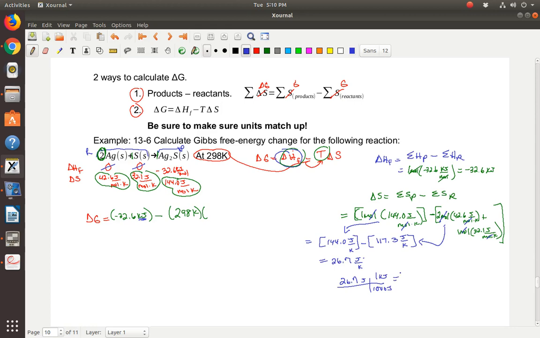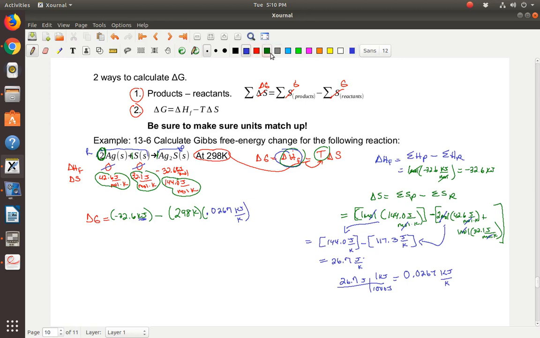And so we're just going to divide 26.7 by 1,000 to get 0.0267 kilojoules per Kelvin. So we put this over here. 0.0267 kilojoules per Kelvin. All right, now we got to leave that per Kelvin in there because that's important.